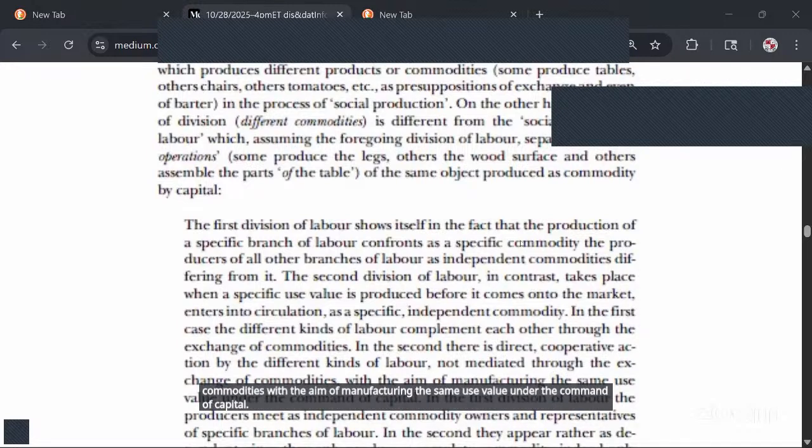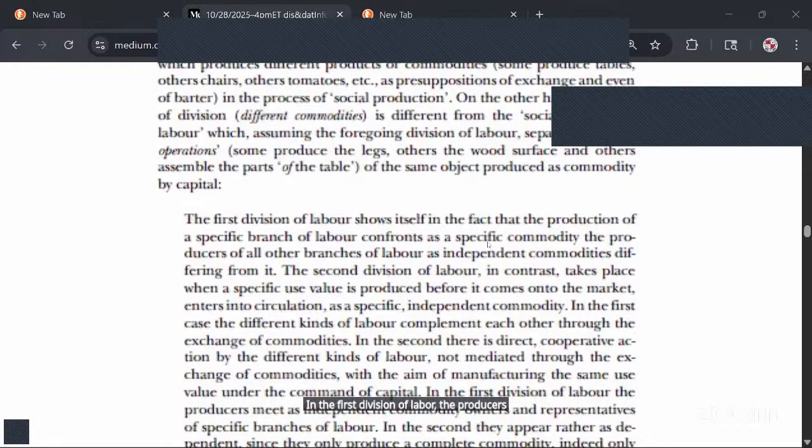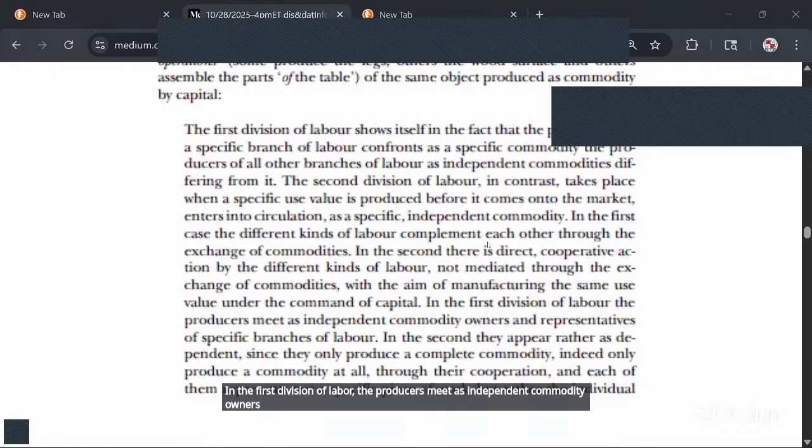In the first division of labor, the producers meet as independent commodity owners and representatives of different branches of labor.